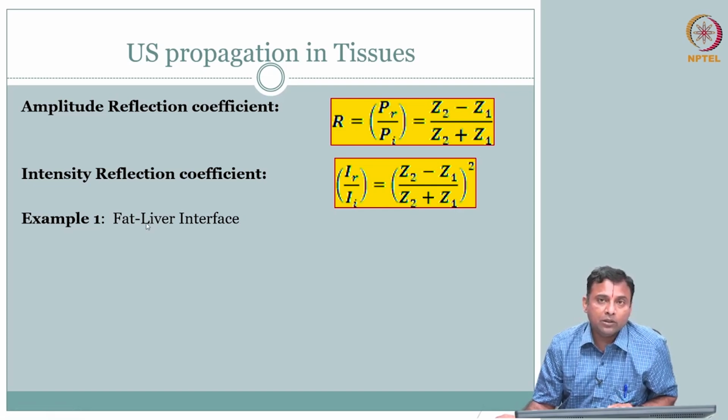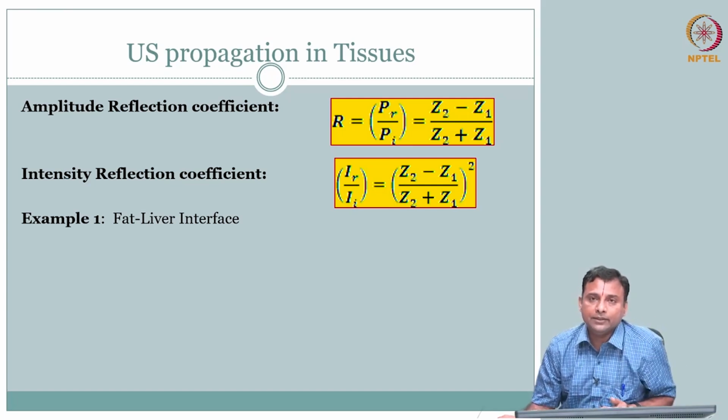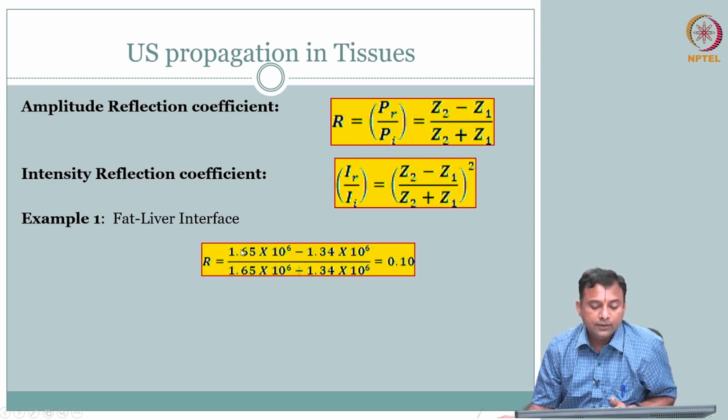If you look at the table that was shown a few slides ago, we had Z for liver, Z for fat, Z for water, your acoustic impedance. So now what is the R? R, the amplitude reflection coefficient, is going to be Z2 minus Z1 by Z2 plus Z1. Z2 is your liver, Z1 is your fat. So R is only 0.1.